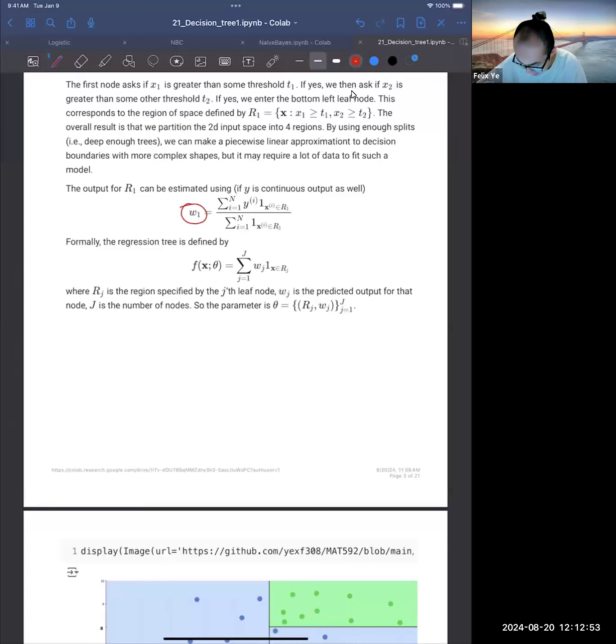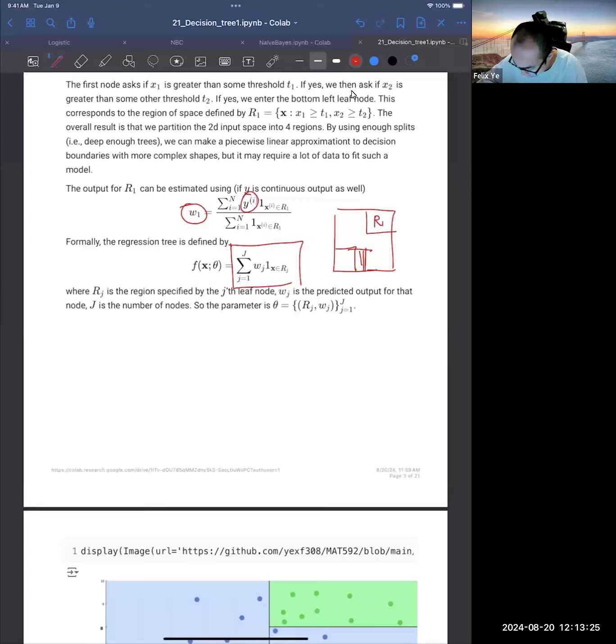It's nothing but the weighted average of my target in one specific box R1, and then the whole region is partitioned, and you sum them together for all these constants at each corresponding location. For example, you can think about right here, we are trying to do the partition like this.